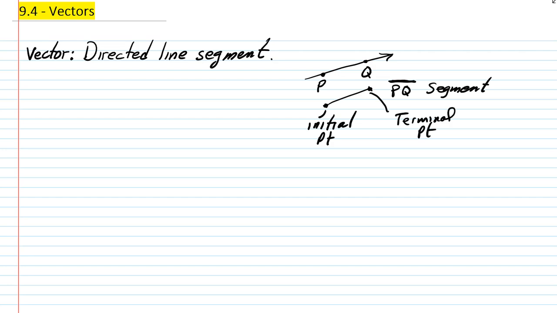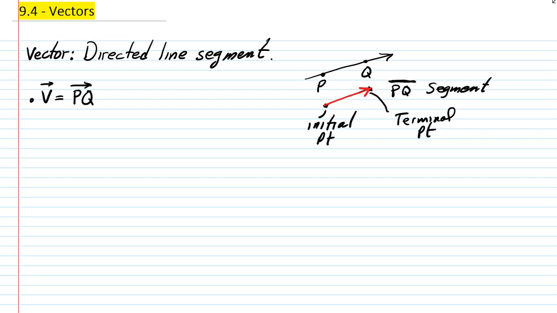And if we put an arrow on this line segment, now we have a directed line segment again, which is what PQ is. So I have the initial point of a vector and the terminal point of a vector. The notation for writing a vector: a generic letter V for vector, with an arrow above it, means vector V, which is the same as the line segment PQ with an arrow on top, which turns it into a vector quantity.